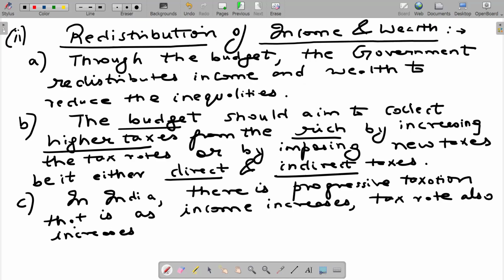So I can say that the tax rate should be the least on the poor. Taxes should be the least on the poor. Only then can the government redistribute the income.